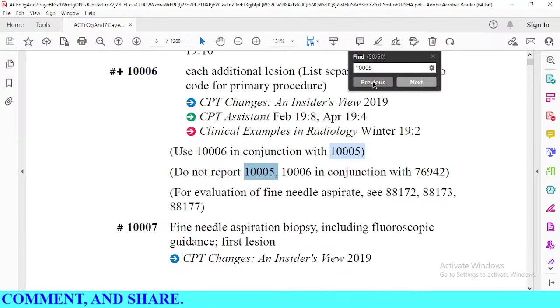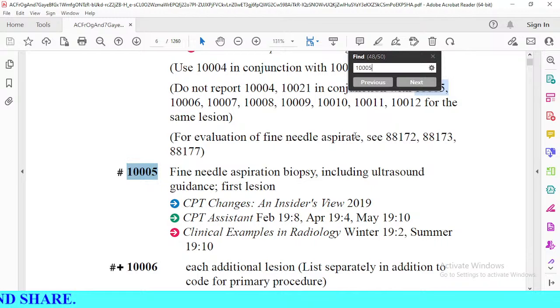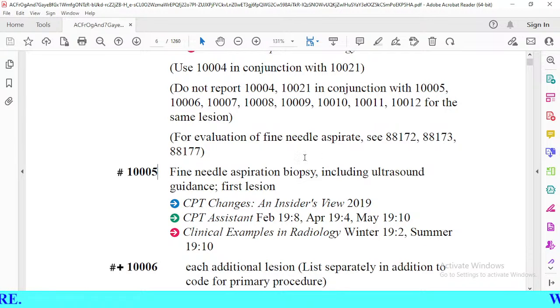Here, our question is fine needle aspiration, lesion on the breast, including ultrasound guidance. So 10005 is for ultrasound guidance.